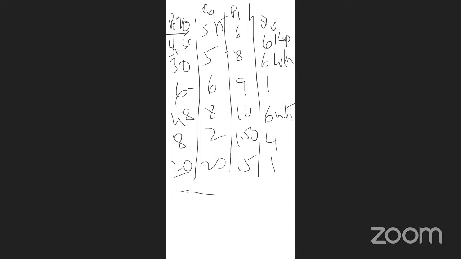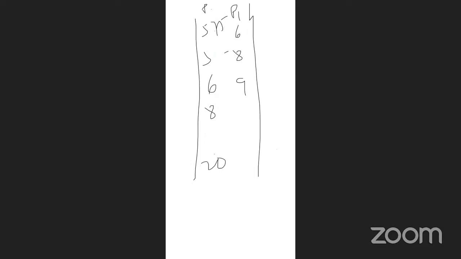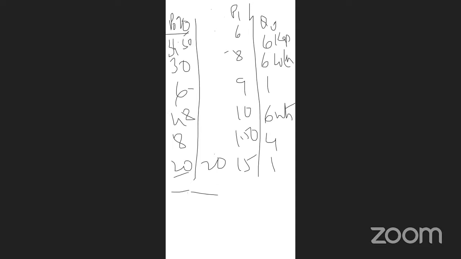The next, I'll work out P1 Q0. 6 into 6 is 36. 8 sixes are 48. 9.